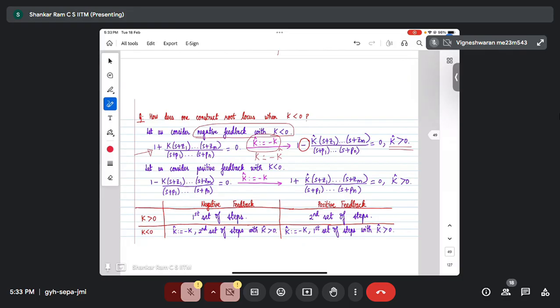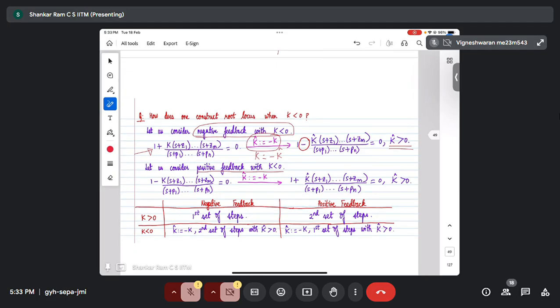Similarly, if we look at positive feedback with negative K, I hope by now we have figured out what we will do. With positive feedback, the closed loop characteristic equation becomes 1 minus K times (s plus z1 all the way till s plus zm) divided by (s plus p1 all the way till s plus pn) equals 0.